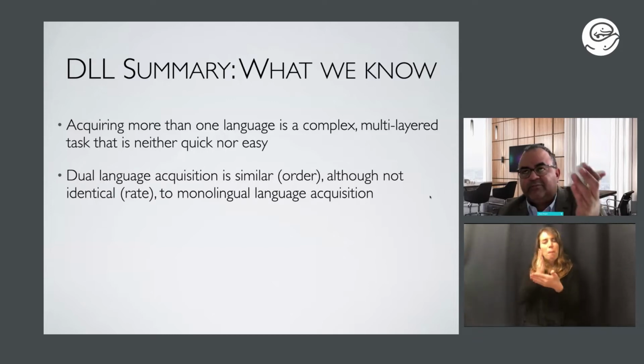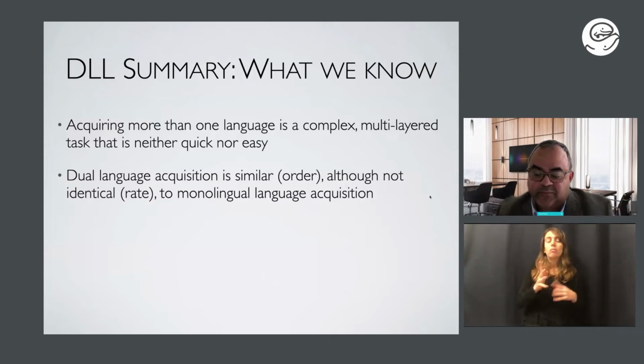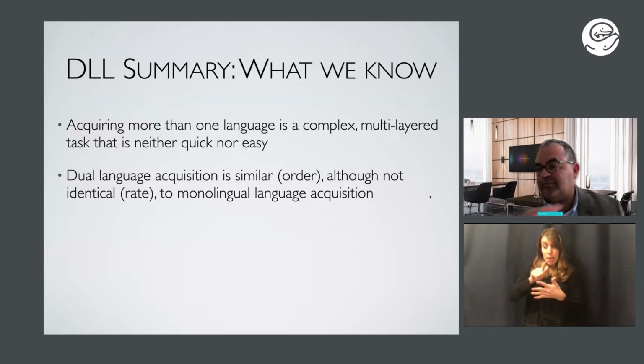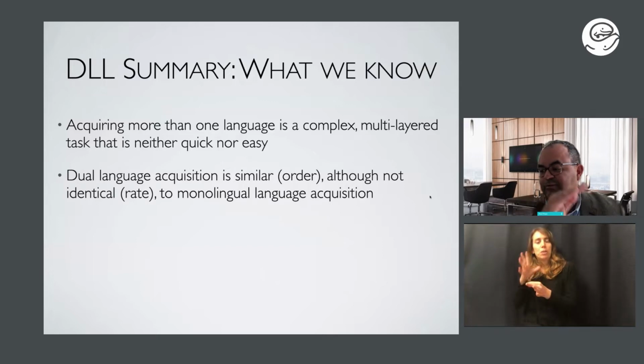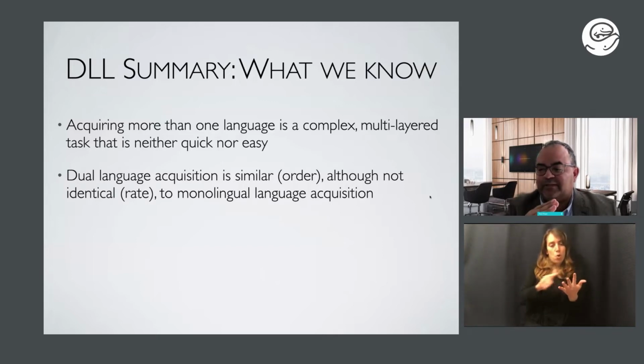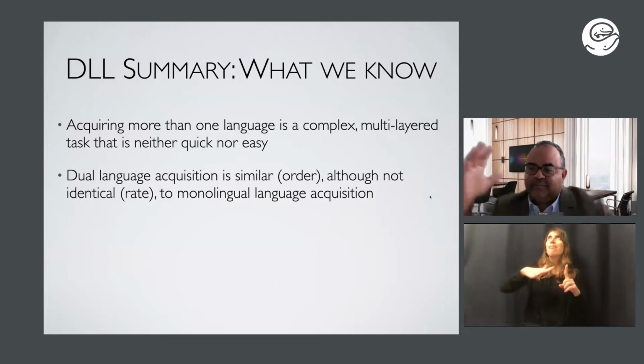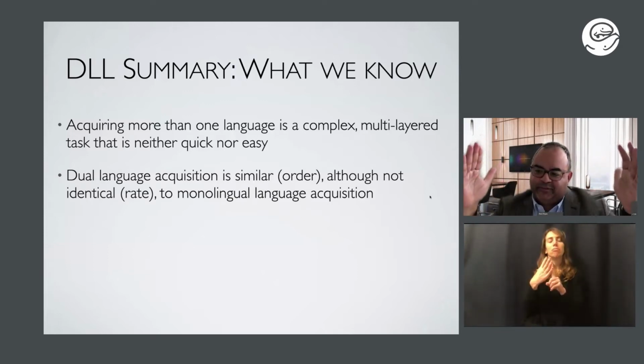For typically developing kids who are monolingual English speaking, that's totally true. But if you have a child who starts to systematically acquire English, let's say at the age of 3 or 4, when the kid starts going to preschool, for example, they are going to acquire those morphemes in English in the same order, but the rate of acquisition is clearly going to be different because they're learning these morphemes systematically starting from, let's say, age 3 or 4, not from birth, right? So there's this difference in rate of acquisition, right?